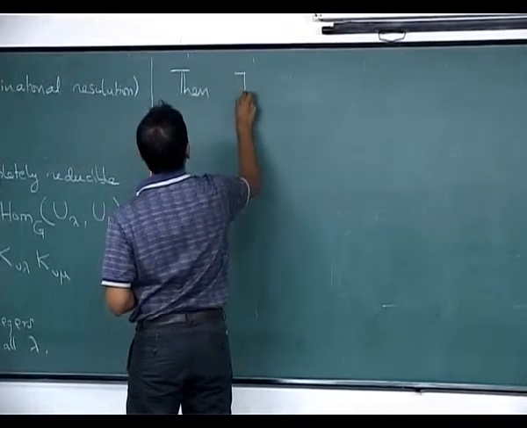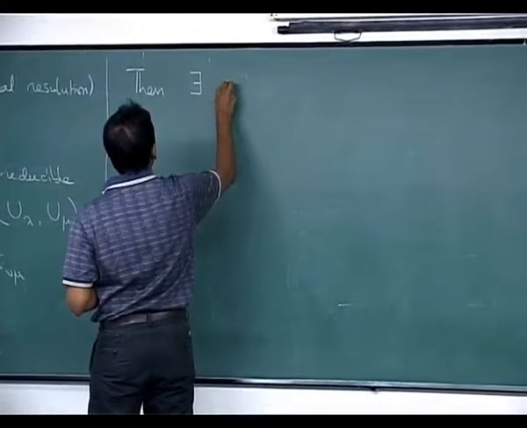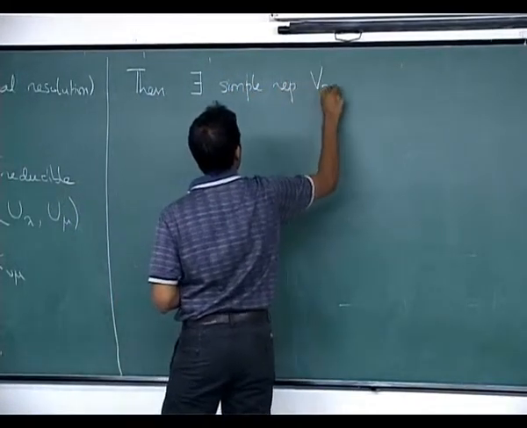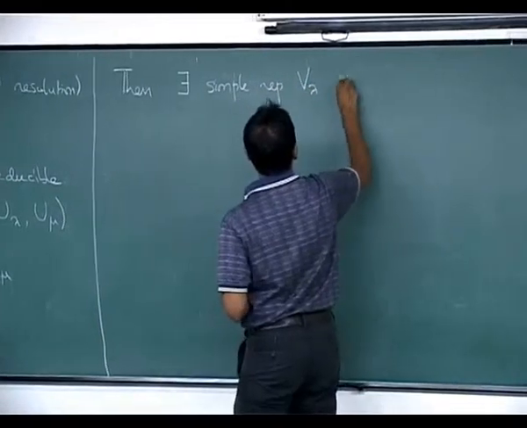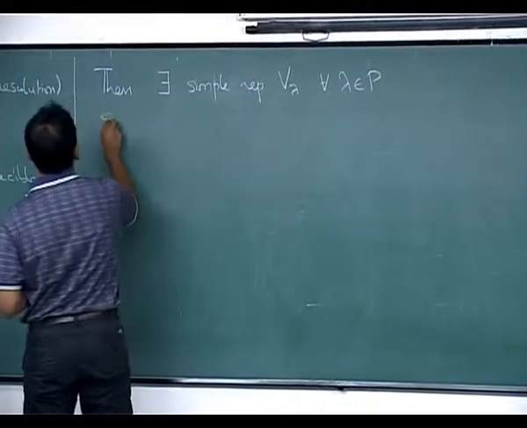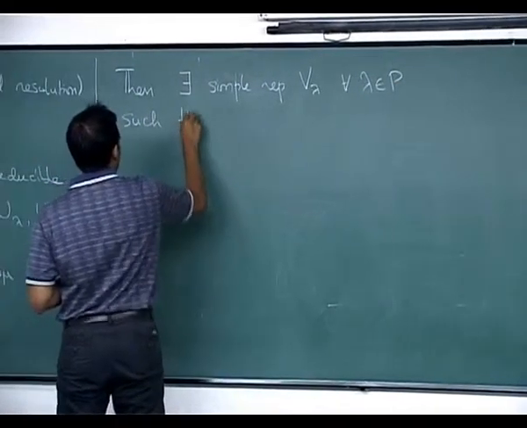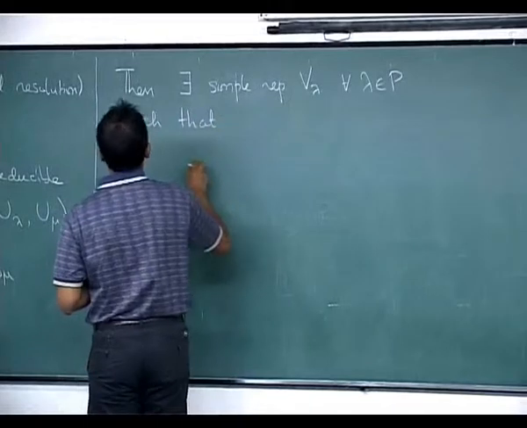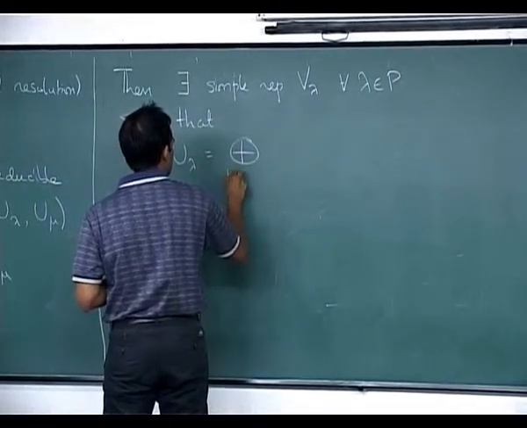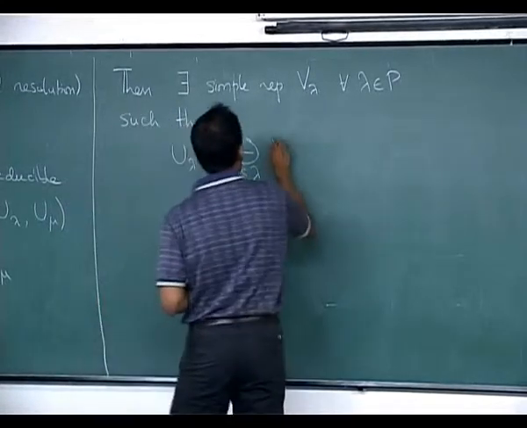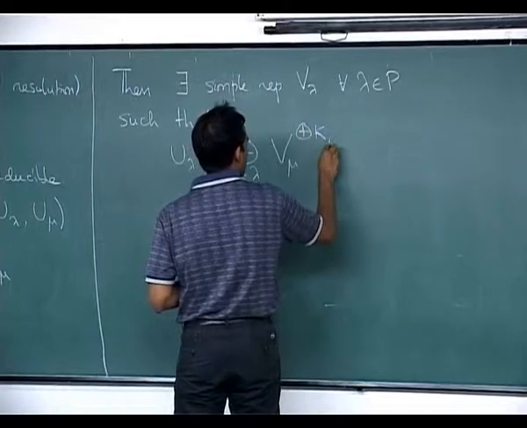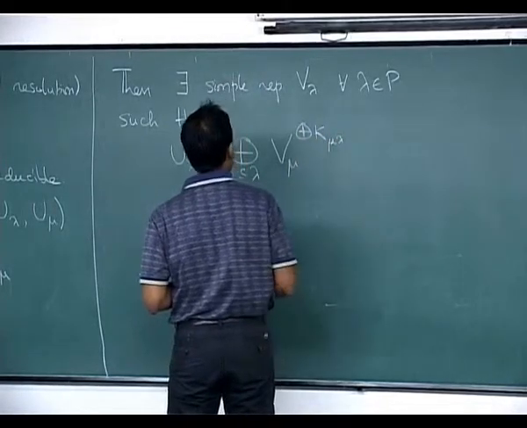And the conclusion is that if you know all this, then there exists a simple representation v lambda for every lambda in P such that u lambda is the sum over mu less than or equal to lambda of v mu, k mu lambda times.